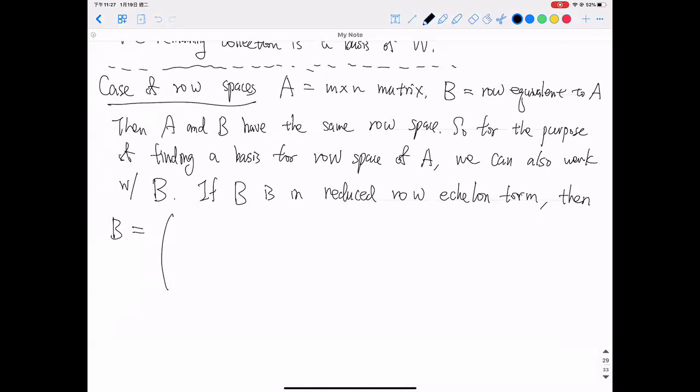I don't know. Let's see, 1 something, 0 down here, and maybe there's 0 here and 1 something. Maybe there's a 1 down here, but 0 down below, and sorry, being reduced must mean that above this leading one should also be 0.